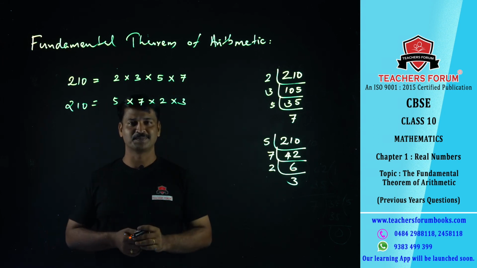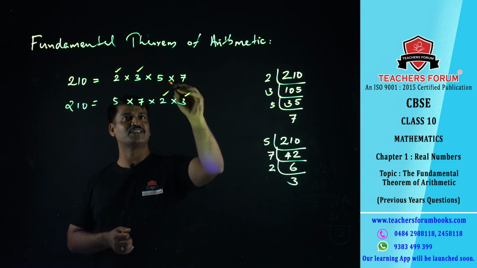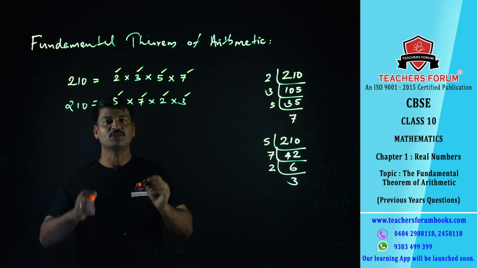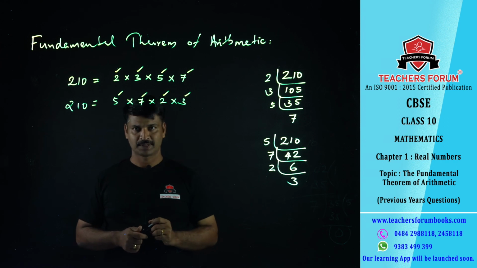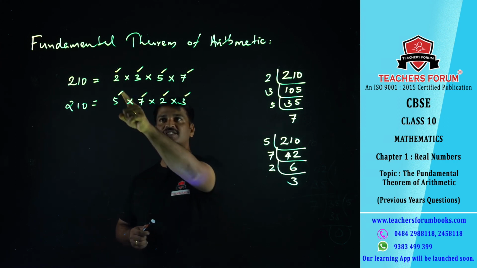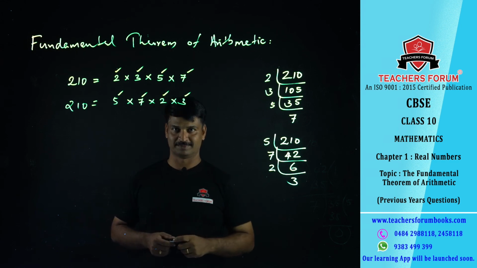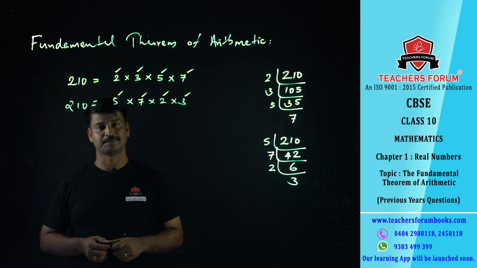See, both are same, isn't it? 2 is there, 2 is here, 3, 3, 5, 5, 7, 7. So there is only one unique way to prime factorize 210, but we are not particular about the order in which these prime factors occur. This is the fundamental theorem of arithmetic.